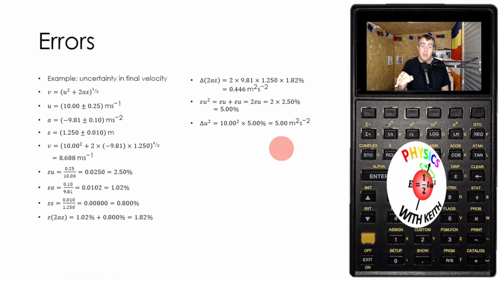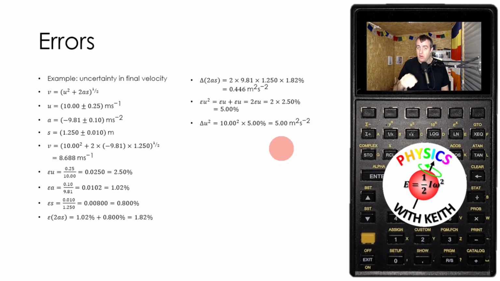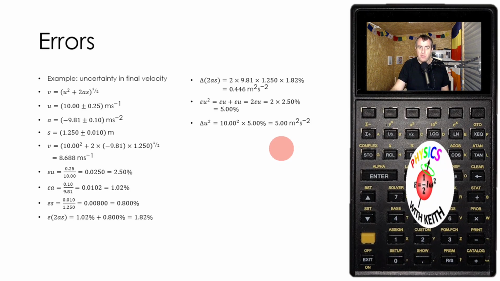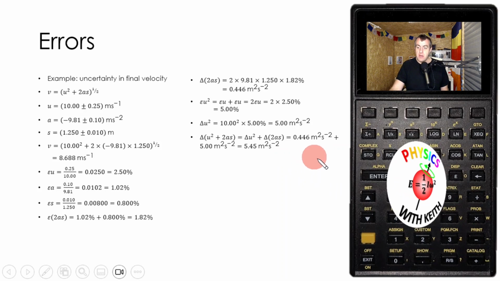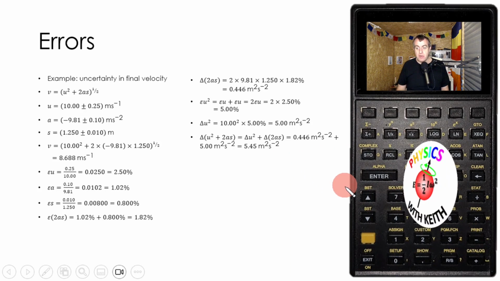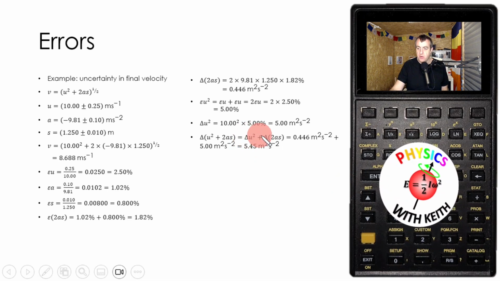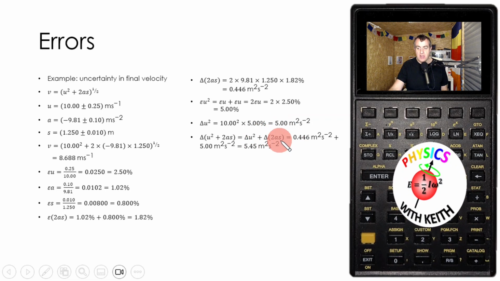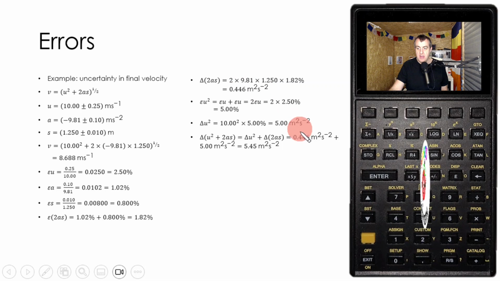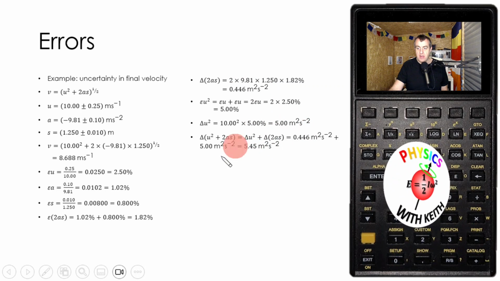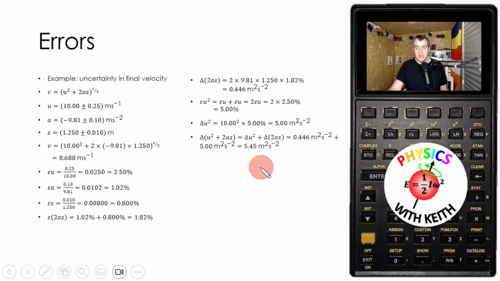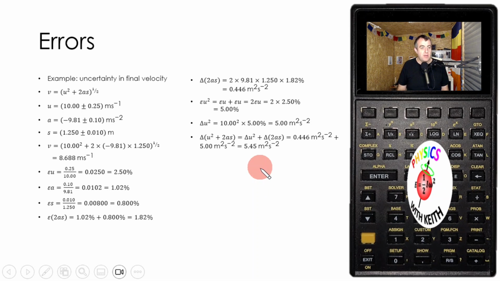Right, so the absolute uncertainty in u squared plus 2as is just the absolute uncertainty in u squared plus the absolute uncertainty in 2as. So I take that number and that number, and I add them together, and I get 5.45 meters squared per square second.